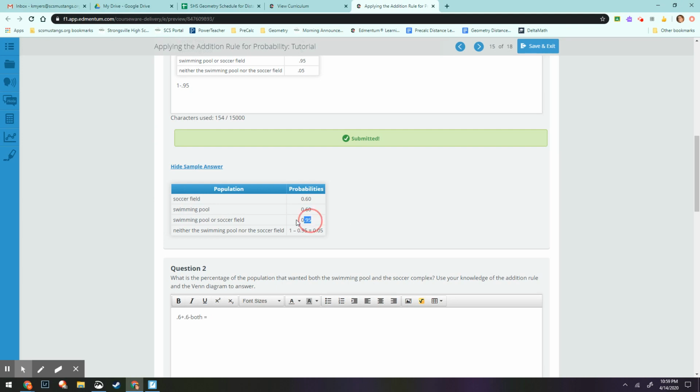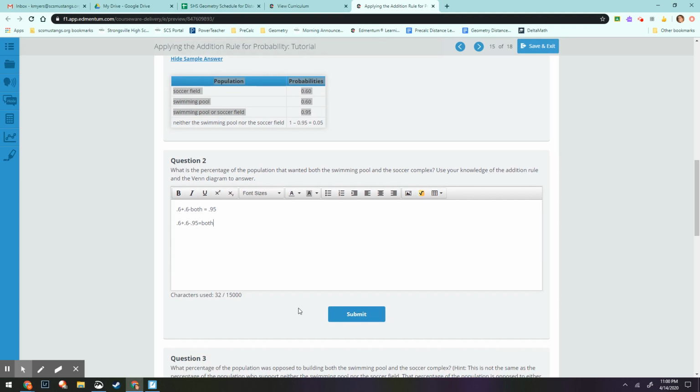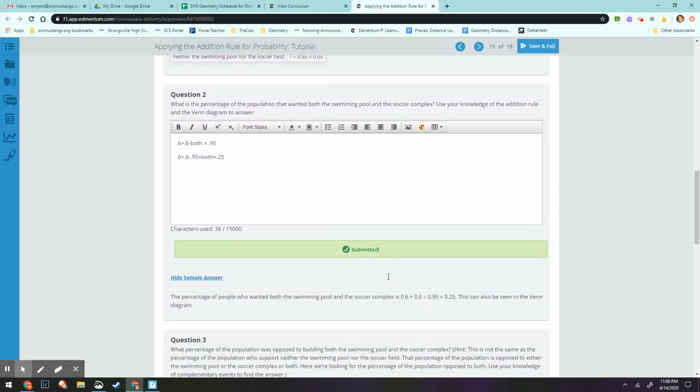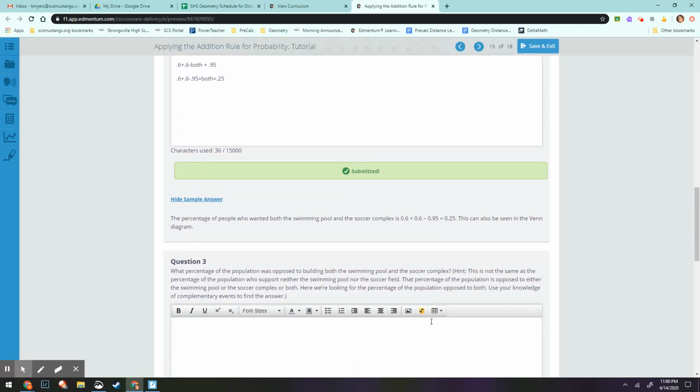And I know that the or population is 0.95, so this would equal 0.95, because that's how many people would support either one. But if I want to find out how many would support both, I would just solve that equation: 0.6 plus 0.6 minus 0.95 would equal the people who wanted both. And if you do that, you end up getting, let me work this out real quick, 0.25. So 25% of the people wanted both, which we can see here.